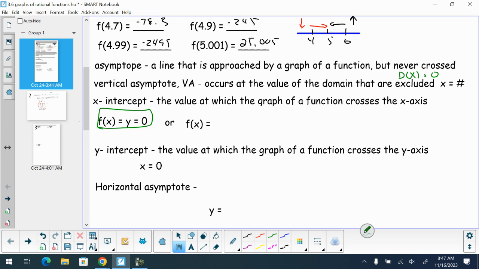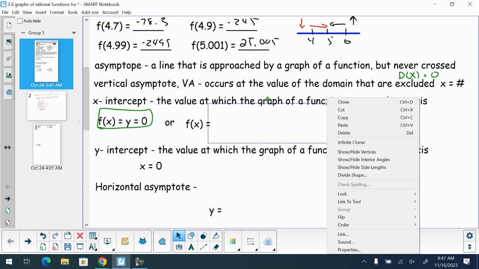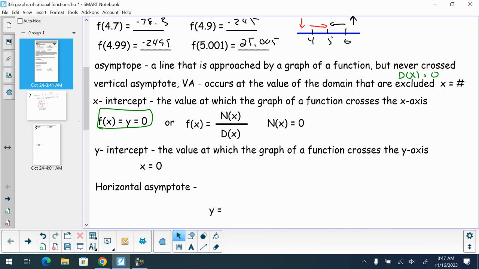With a rational expression, we have a numerator divided by a denominator. What makes a fraction equal to 0 is your numerator equal to 0. So your x-intercepts occur where your numerator is equal to 0.